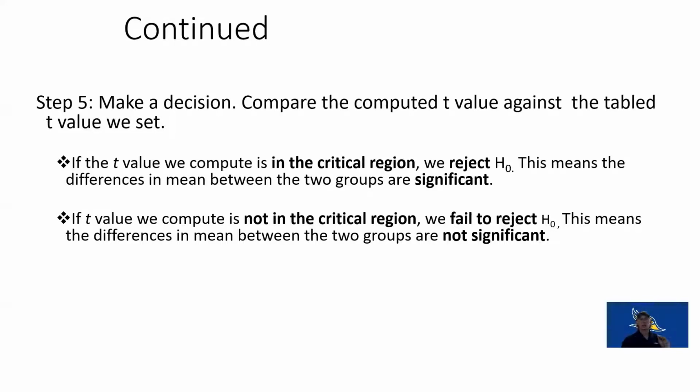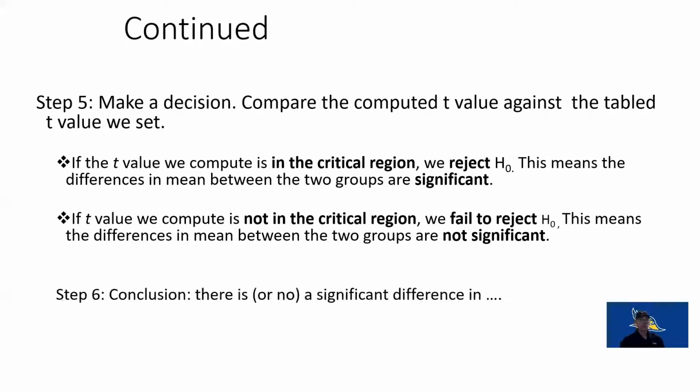So our calculated t value must have an absolute value that is greater than the t statistic in the table based on the degrees of freedom and the alpha level. Okay, then we can create our conclusion if there is or is not a significant difference between groups.